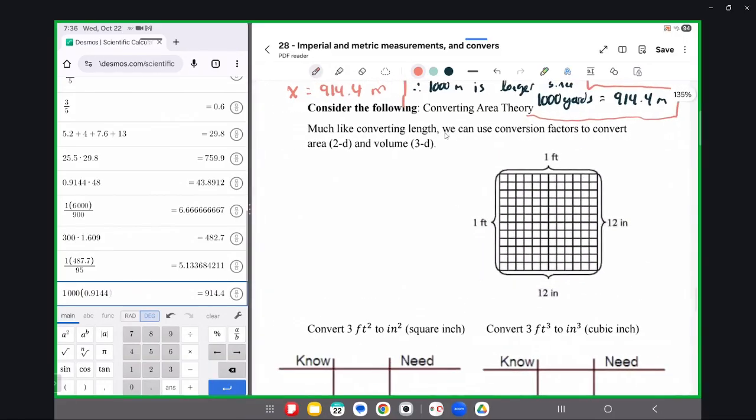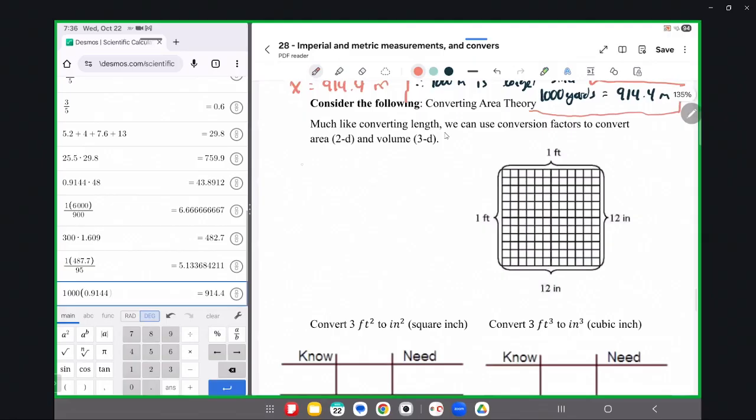Okay, so we're going to consider a 1 square foot. That's pretty straightforward. We have a square, and we make the claim that each side is 1 foot.